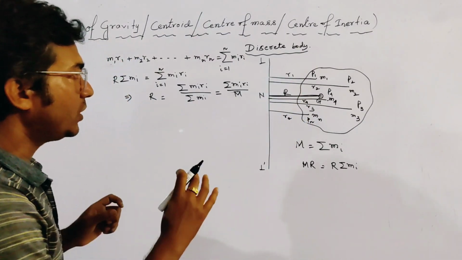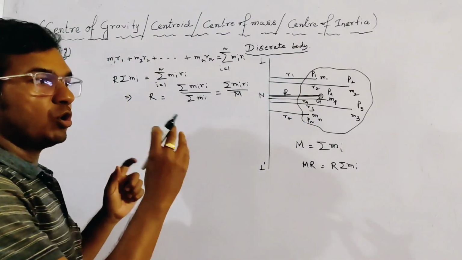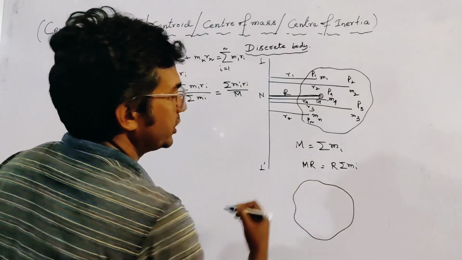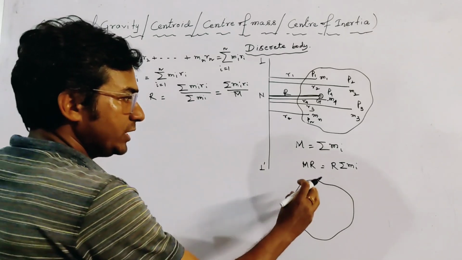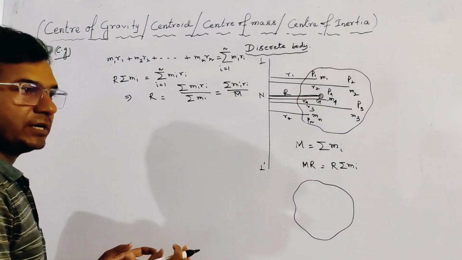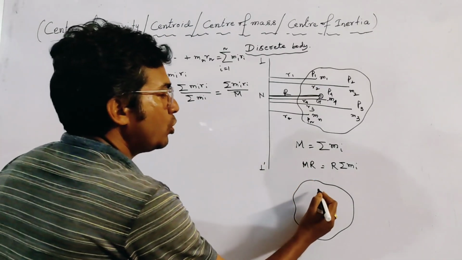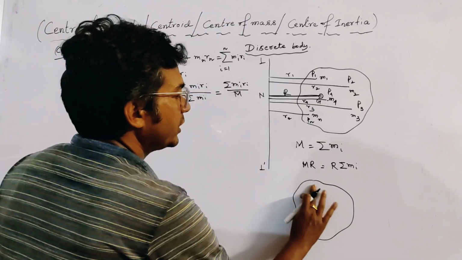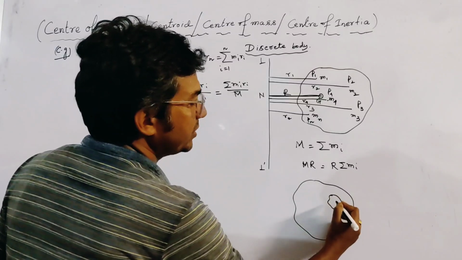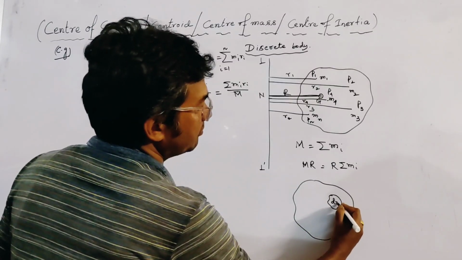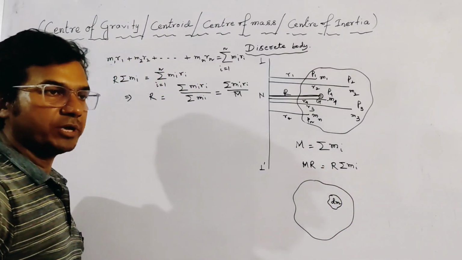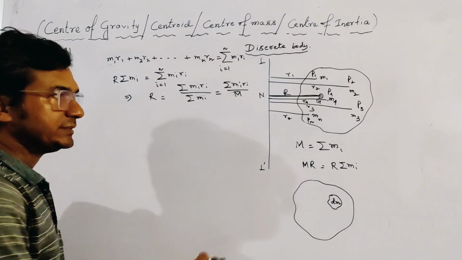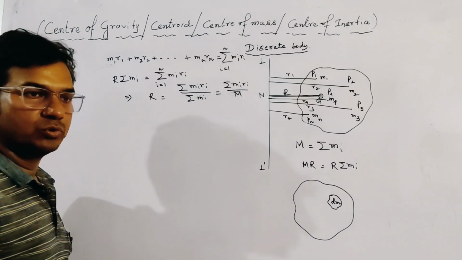Now if the body is not discrete, let it be a continuous body. Then we divide the body into small pieces of elementary mass, let an elementary mass be dm. When the body is continuous, the summation is not allowed.